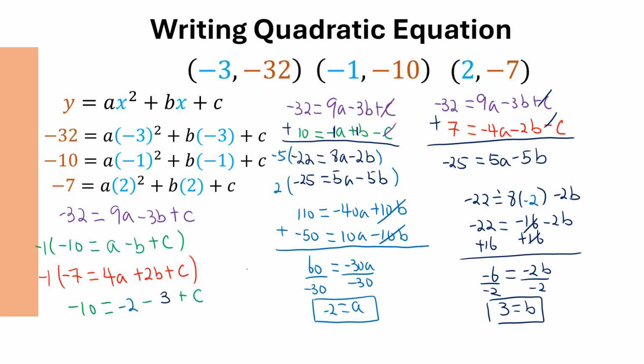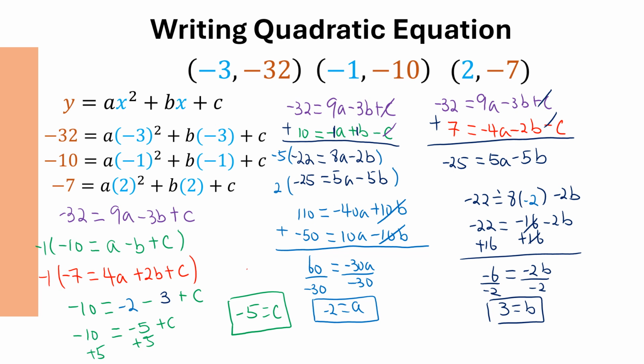So now I'm going to simplify this equation. We have negative 10 equals negative 2 minus 3, which is negative 5, plus c, and add 5 to both sides. So therefore, the value of c is going to be negative 5 when I add negative 10 plus 5. So now I know my a, b, and c values.